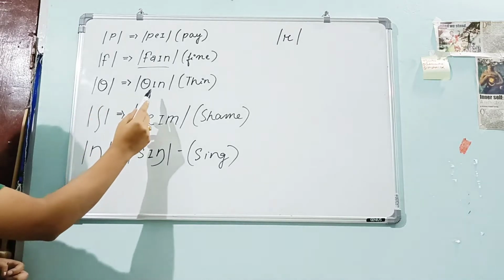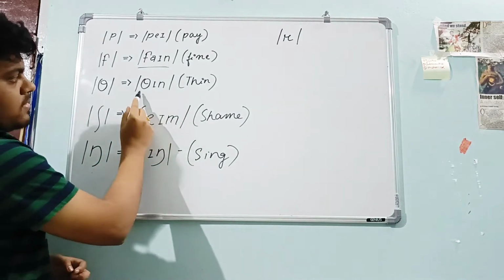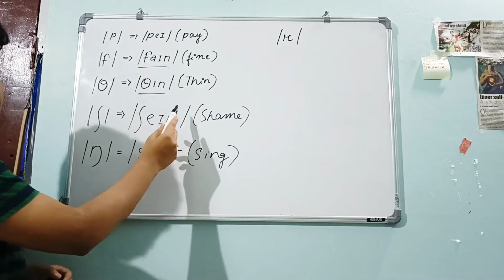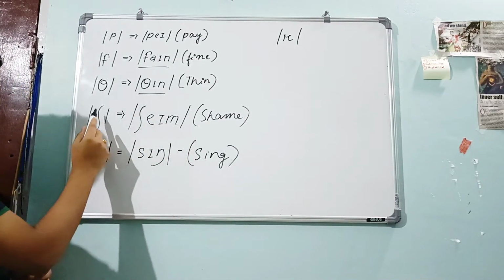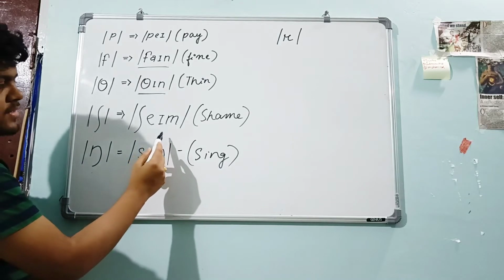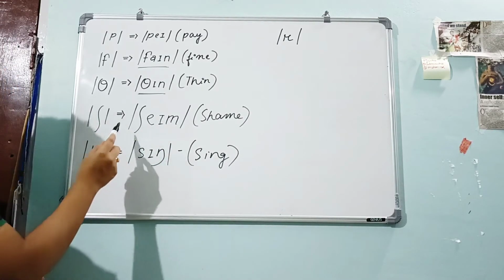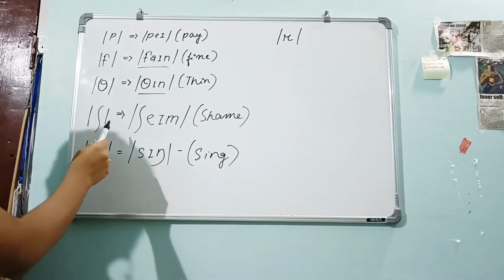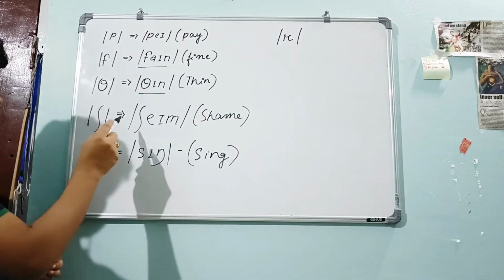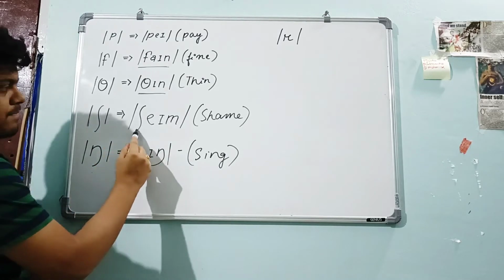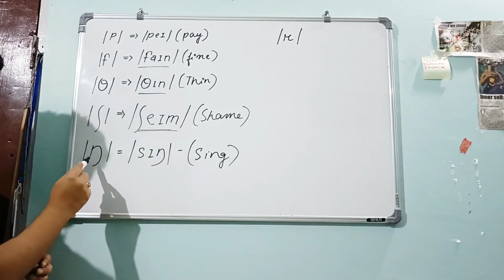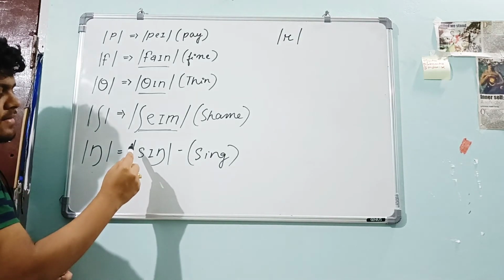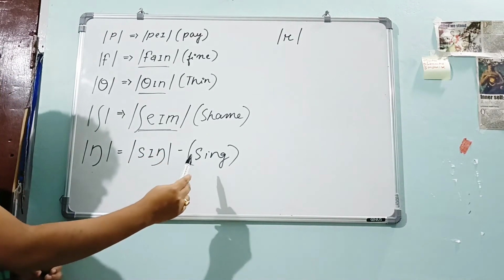Then tha, in thin, again represented within these slanted lines. Then sha, in shame. Remember, this is a fricative sound. Then nga, represented by the word sing, and this is the phonemic transcription of the word sing.